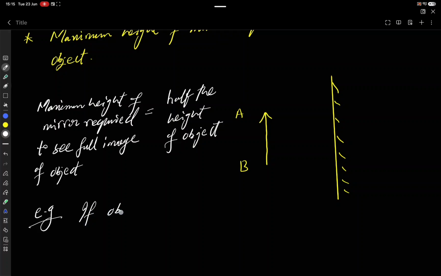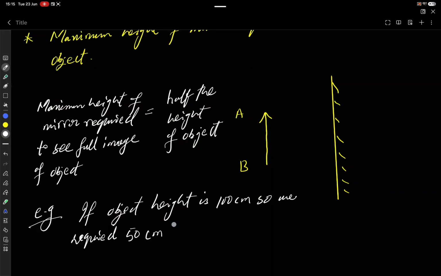If the object height is 100 centimeter, we require a 50 centimeter mirror to see the full image of the object.